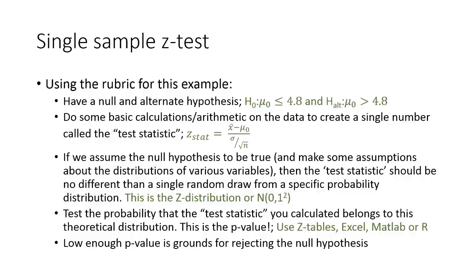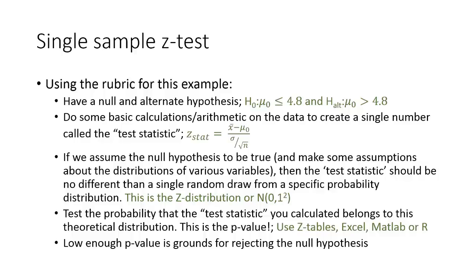So we are saying that if the null hypothesis is true, the z statistic that you compute with this data should be equivalent to pulling a random number from a z distribution. Okay, this is a very useful thing to say, and we're going to come back to what we do next because of this statement.